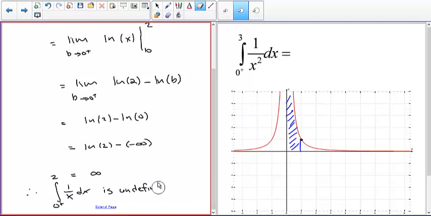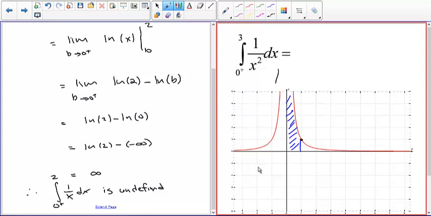Undefined. If I do it for 1 over x squared, I'm going to have the same thing. One of these terms is going to go to infinity, because when I integrate this, I get negative 1 over x. So when I plug 0 into 1 over x, I get 1 over 0, which is infinity. So I'm not going to do that one.